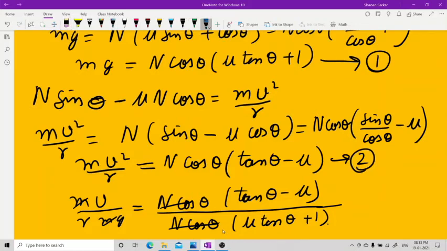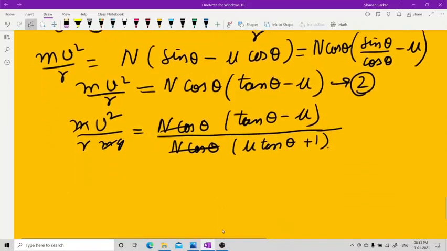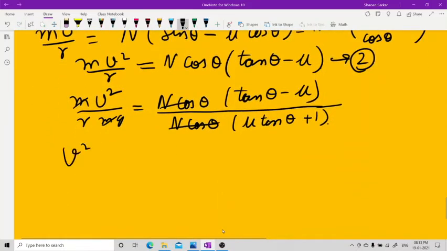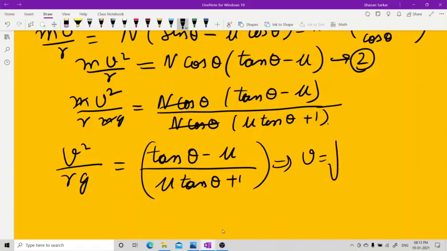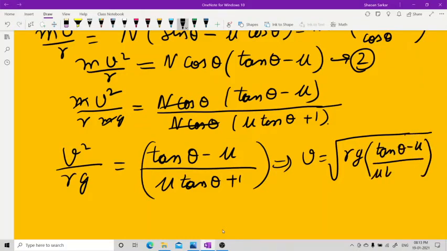This is square. Now you have v square by rg equal to tan theta minus mu upon mu tan theta plus 1. And then from here you get v is under root of rg, take the bracket, tan theta minus mu upon mu tan theta plus 1.